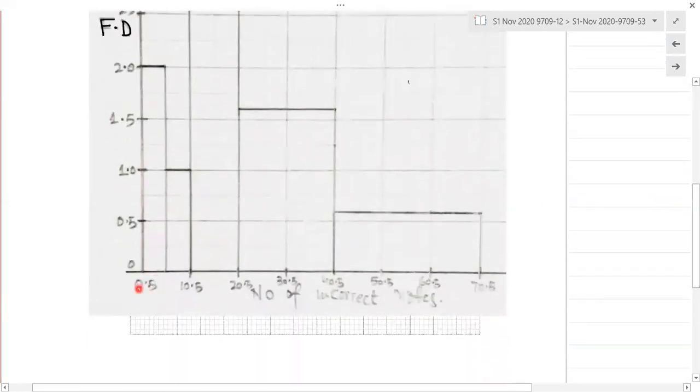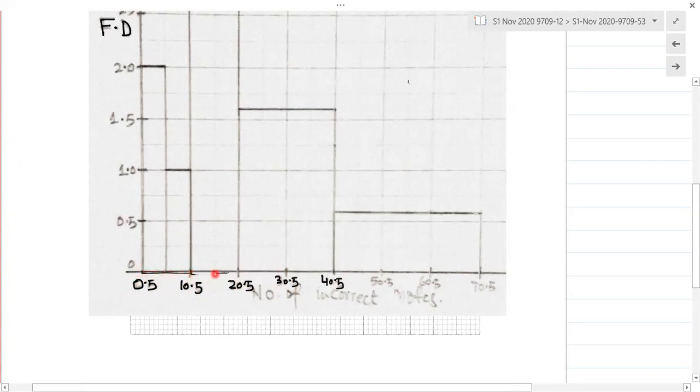And we have something looking like this. So we have 0.5, then we have 10.5, 20.5, 30.5. This is what I've done. I've taken one block to represent a gap of 10.